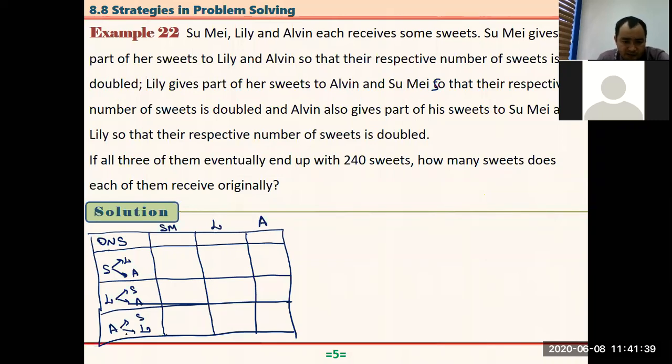So that is the last thing. After that, they stop sharing. So at the end, they end up with 240 sweets. Here, Sume has 240, and Lily has 240, and Alvin has 240 sweets.